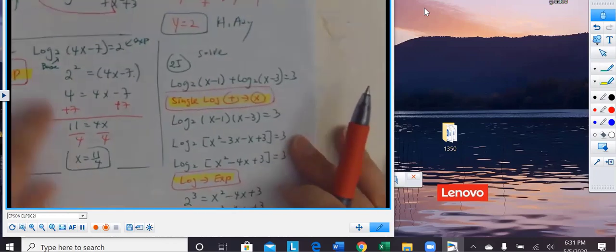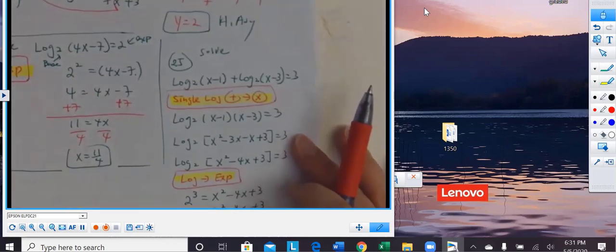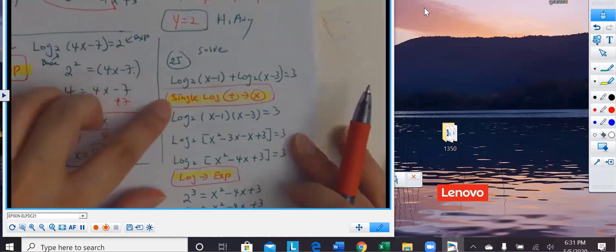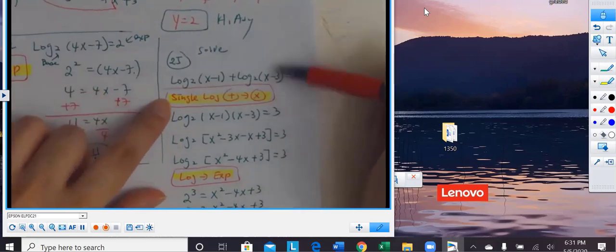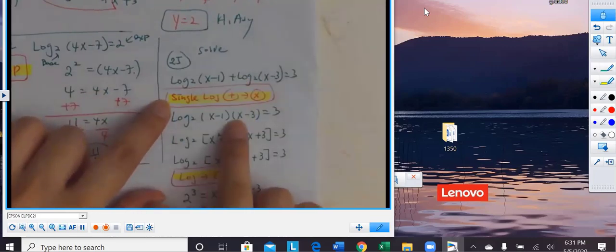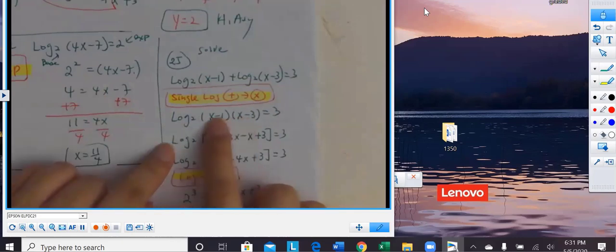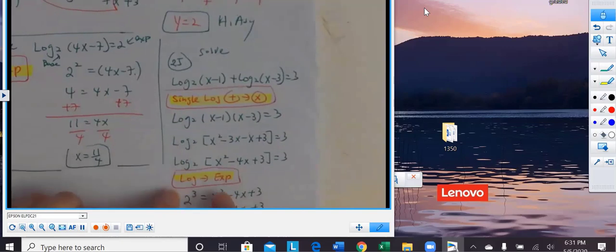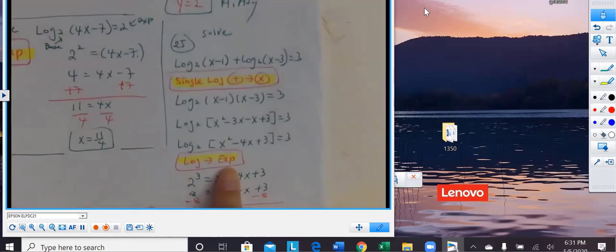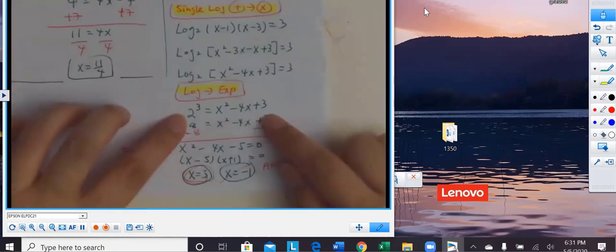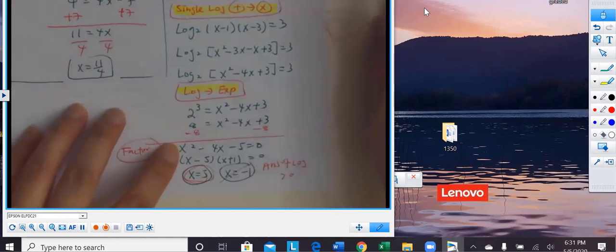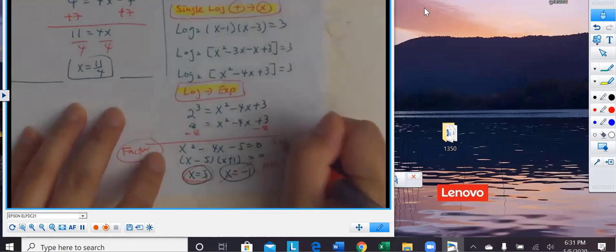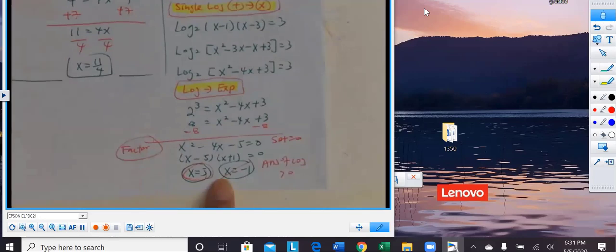And then number 25 is a little bit more complex. So for number 25, you will have to first write it as a single log. So again, addition turns into multiplication. And you multiply this part out. And then when you're stuck in the log form, you change to exponential form. Once you get that, this is a quadratic. So set it equal to 0. Once you set it equal to 0, you want to factor it.